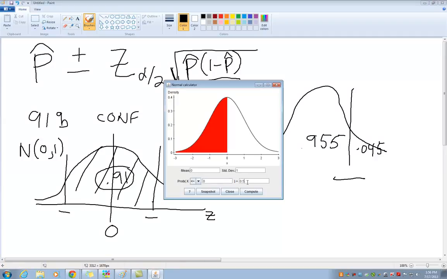It looks like we got lower tails, so let's call it 0.955. Then we compute, and it gives us the same picture we've drawn over here with 0.955 in red, 0.045 in white. And you can see that the z value that cuts it off, this value along the x-axis here, is 1.695 or 1.7 roughly.